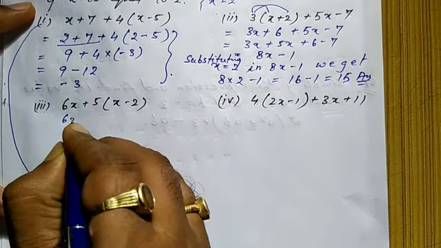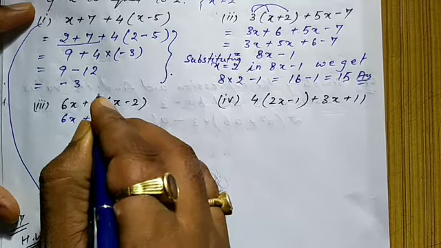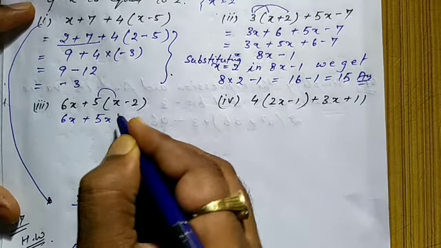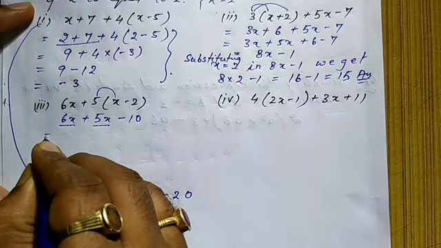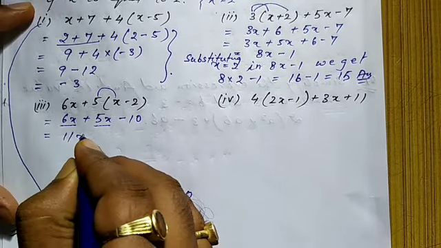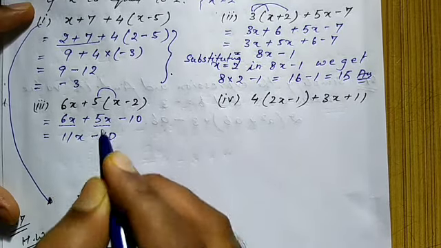That is 6x plus 5 into x, 5x, 5 into minus 2, minus 10. Okay, so 6x plus 5x, this will become 11x minus 10.